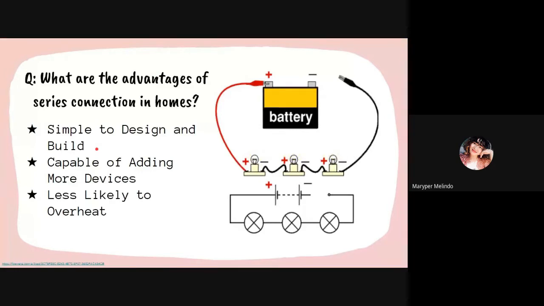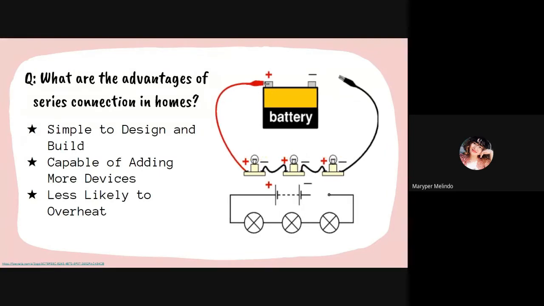So, for our advantages, we have here 3 main advantages. The first one is to design. It is simple to design and build. Napakadali niyang gawin. So, ito yung madalas pagawa sa mga elementary students. Kahit hindi ka masyadong maalam sa electricity, pwedeng-pwede mong gawin. Also, one of the advantages is capable of adding more devices.